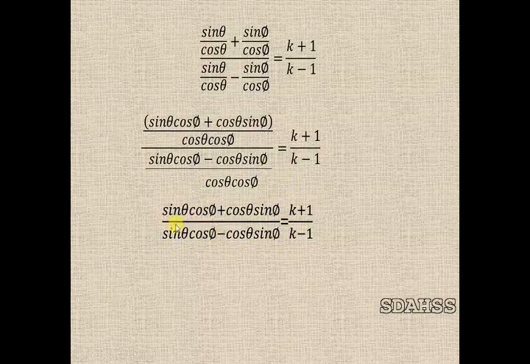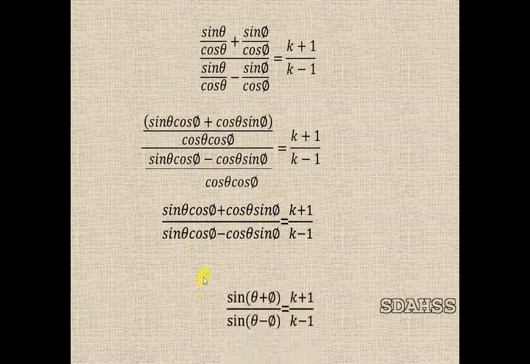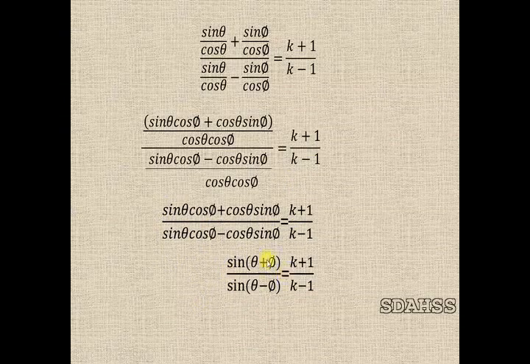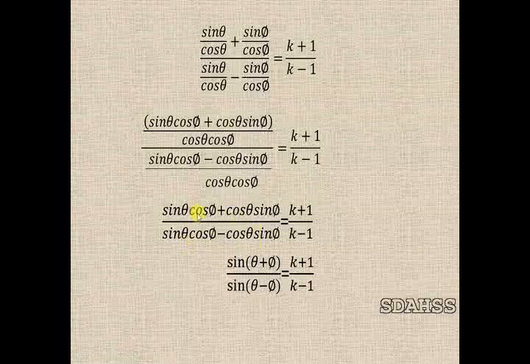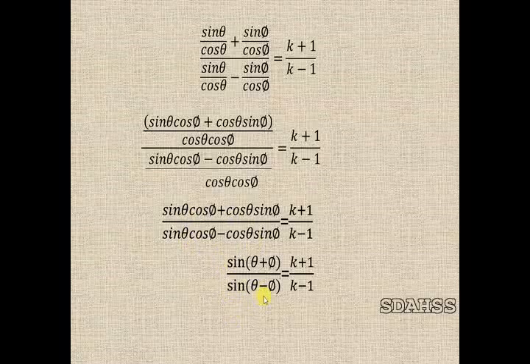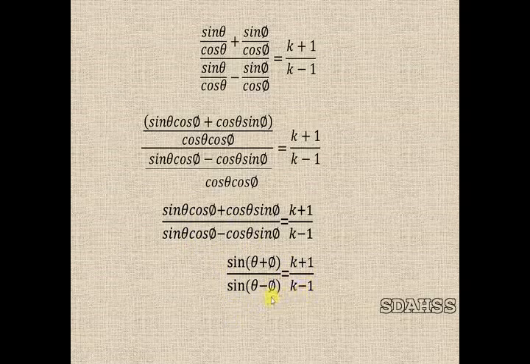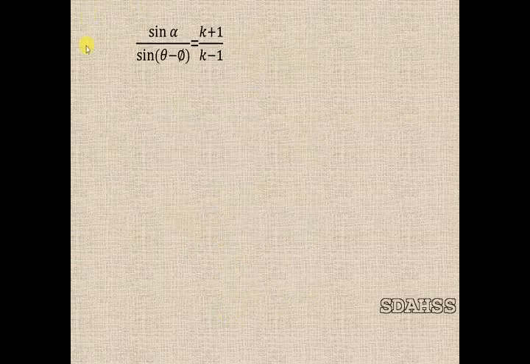Now this is of the form sin A cos B plus cos A sin B. This becomes sin theta plus phi divided by, now this is the form of sin A cos B minus cos A sin B. Sin A cos B minus cos A sin B becomes sin A minus B. So this becomes sin theta minus phi is equal to k plus 1 divided by k minus 1. We know that theta plus phi is equal to alpha. Substitute.